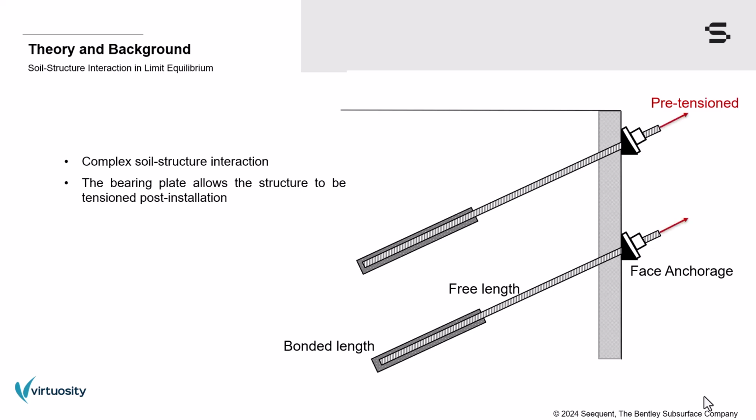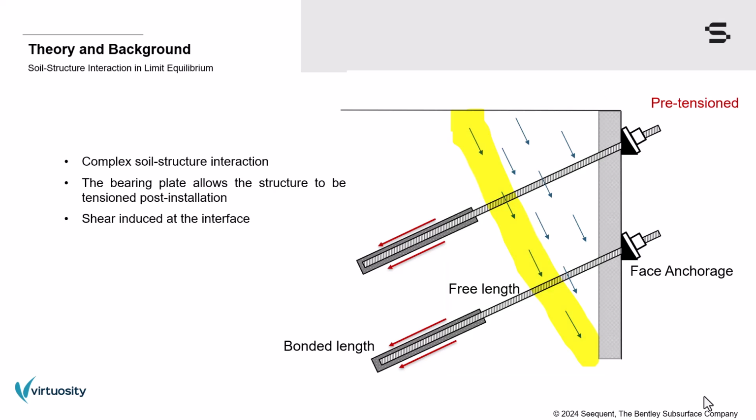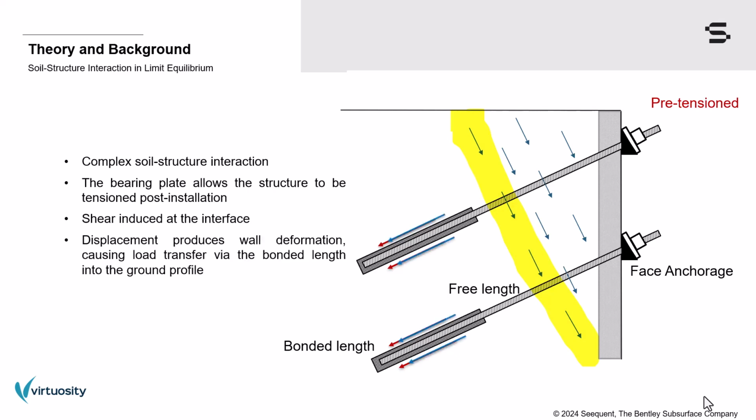Pre-tensioning the anchor causes shearing at the interface between the bonded length and the ground. Similarly, the active earth pressure acting on the wall leads to deformation, causing the elongation of the anchor. The bonded length transfers the applied tensile load into the ground.